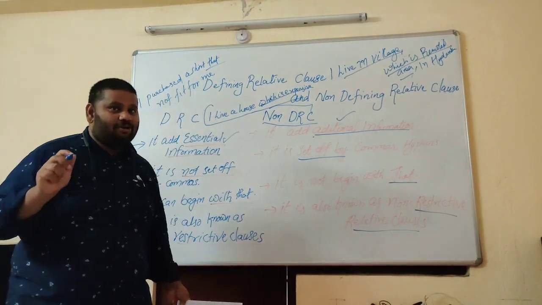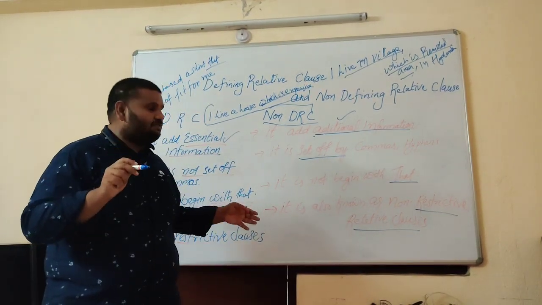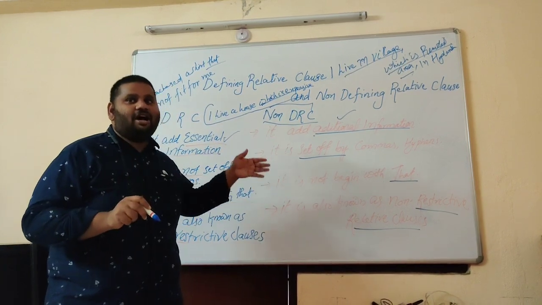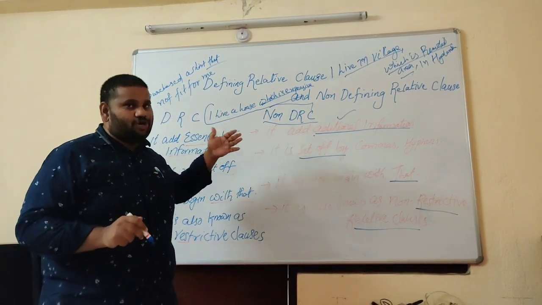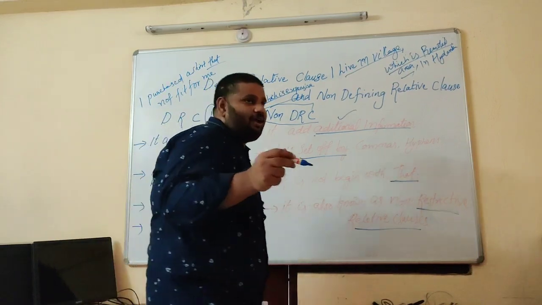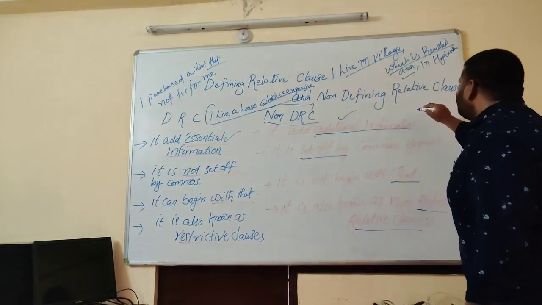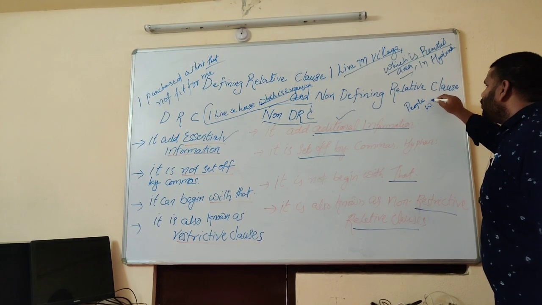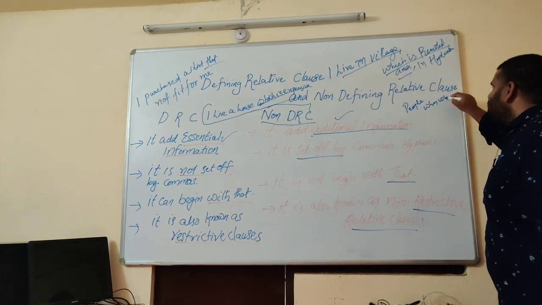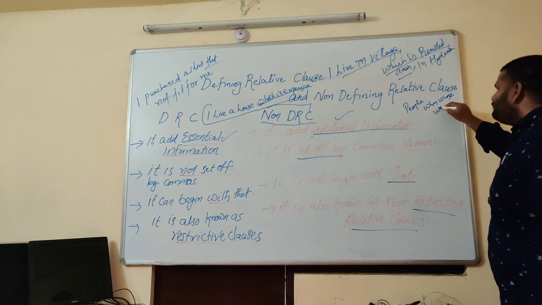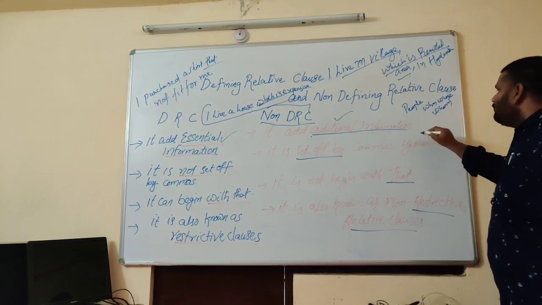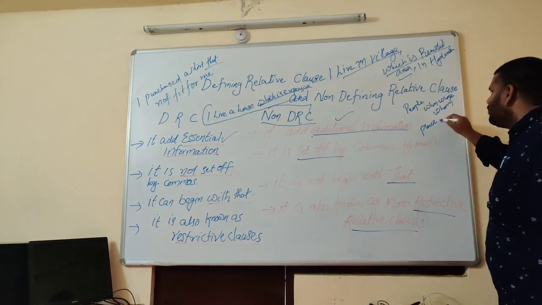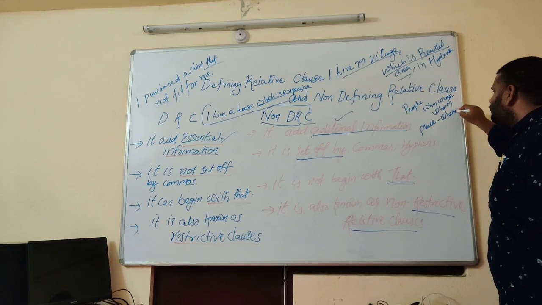Yesterday we taught that for a place, for people, for things we have to add different relative pronouns. Once again, let me help you write. For people, you have to add who, whose, whom. For place, where.